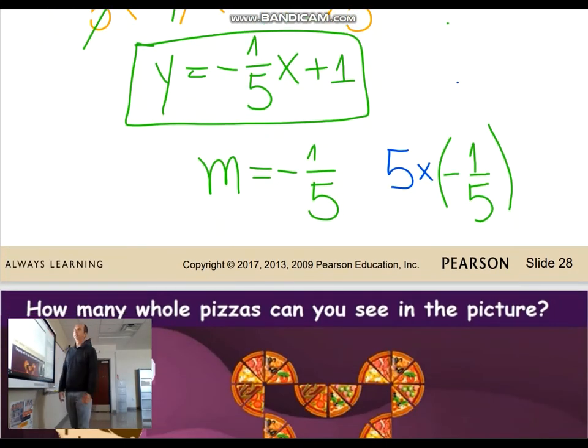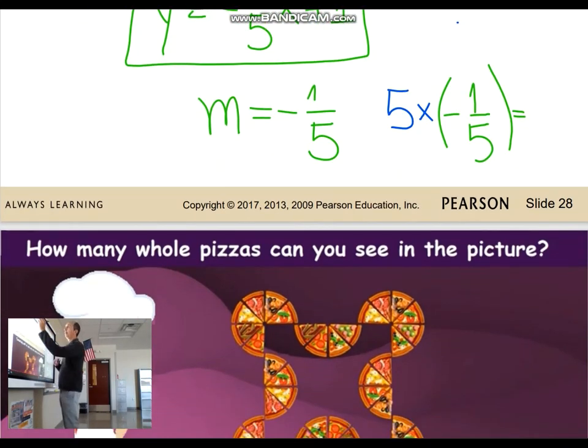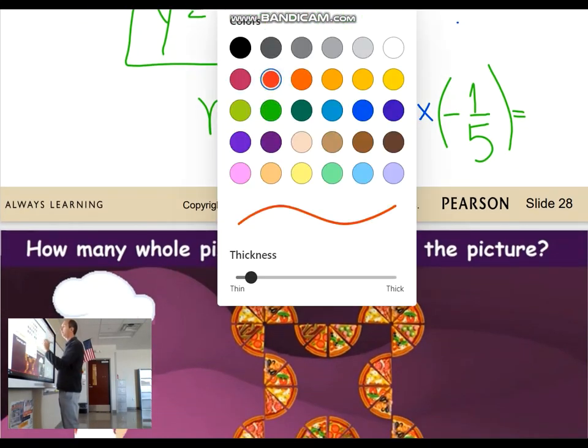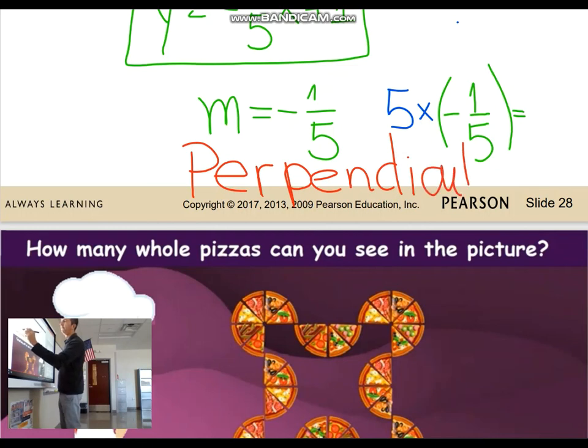What is the result of this multiplication? 5 times negative 1/5 is negative 1, right? That means if you found it to be negative 1, they are perpendicular. Yes.